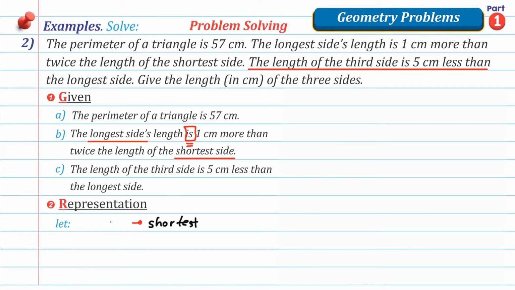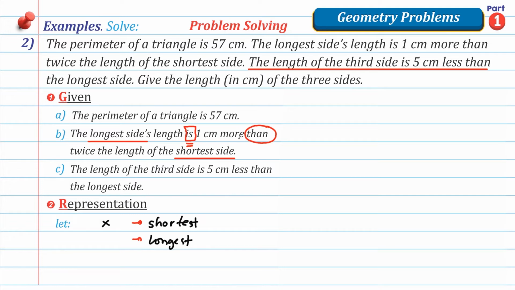Let's represent the shortest side. If the shortest side were x, and the longest side is being compared to that shortest side, anong representation ng longest side natin? It is 1 centimeter more than. Take note of the word than. Remember our conversion from words to algebraic expressions? Pag may than, you don't write as you read.